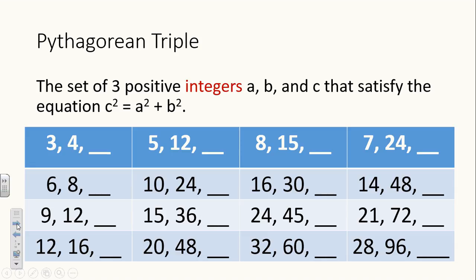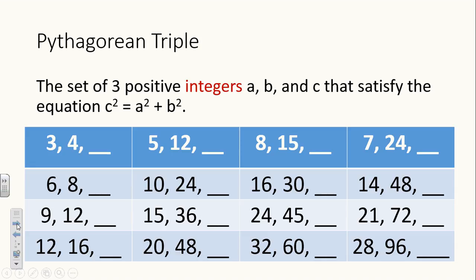A Pythagorean triple is a set of three positive integers, counting numbers, not fractions, not decimals, a, b, and c, that work in c squared equals a squared plus b squared, that work in the Pythagorean theorem. So a Pythagorean triple means that we have two legs and a hypotenuse that are all whole numbers. When we work them out, we don't get any radicals that have to be simplified. Does that make sense to everyone?